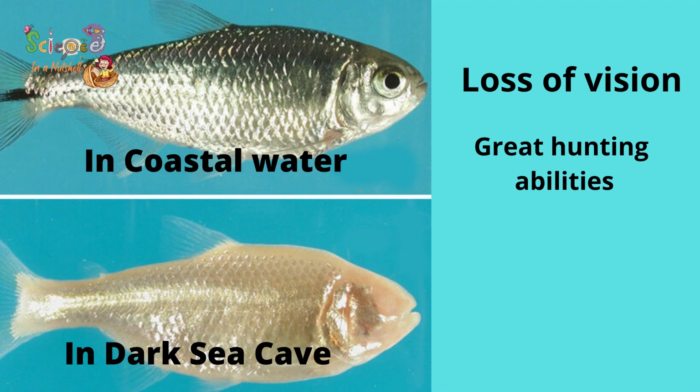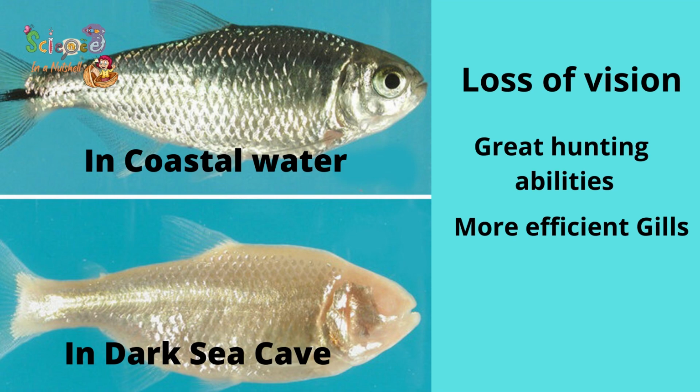Number 2, because they are not depending on their eyes anymore, this means that they will have great hunting abilities. So number 2 will be great hunting abilities. That's right. And you know very well that fish breathe from their gills.